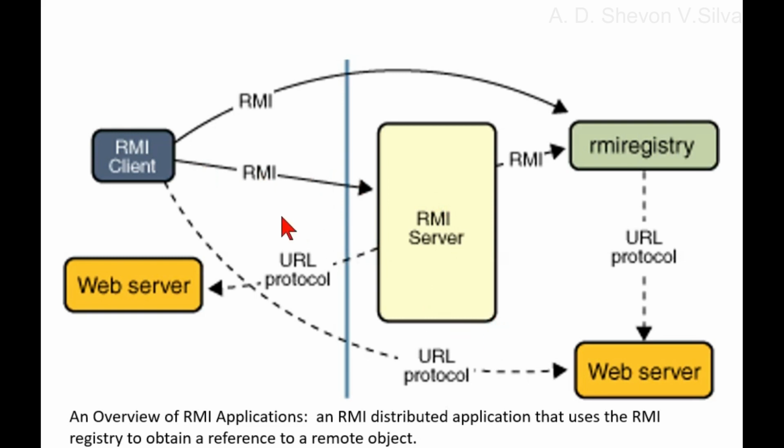A typical client program obtains a remote reference to one or more remote objects on a server and then invokes methods on them. RMI provides a mechanism by which the server and client communicate and pass information back and forth.